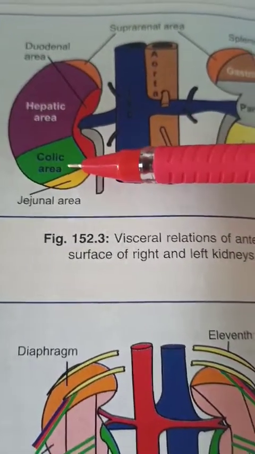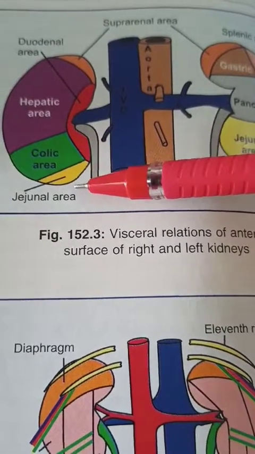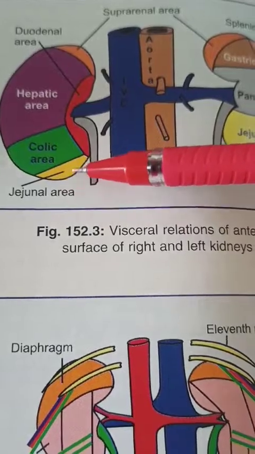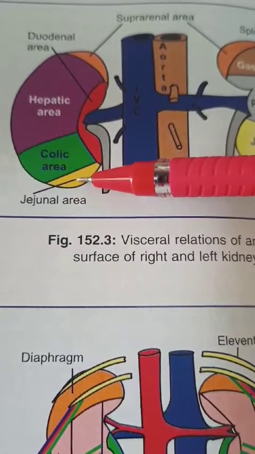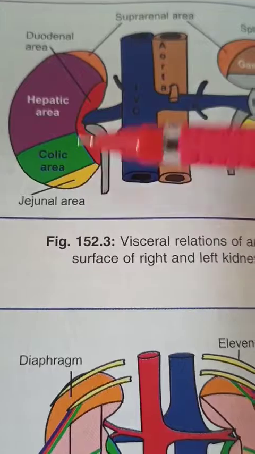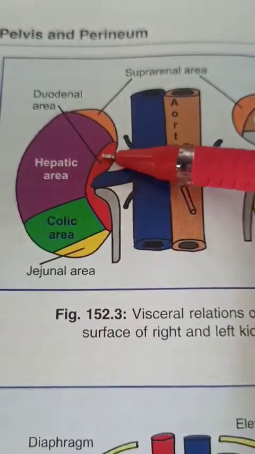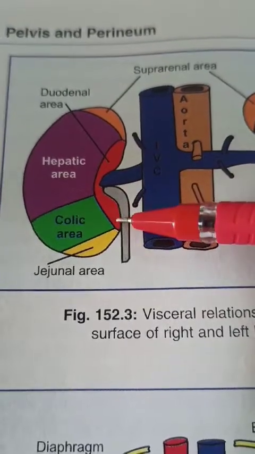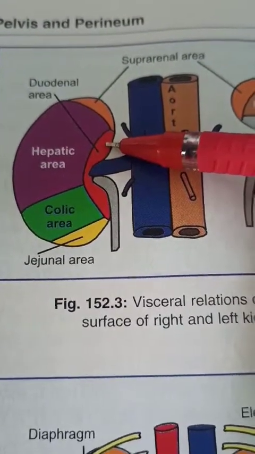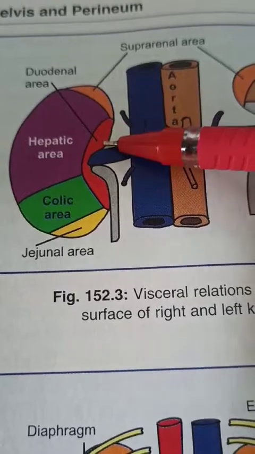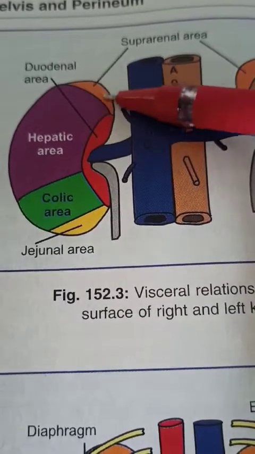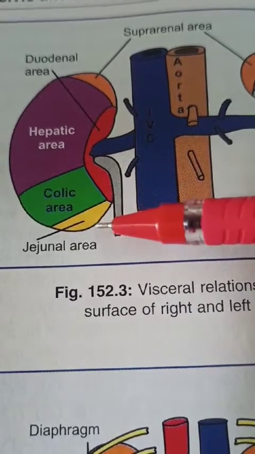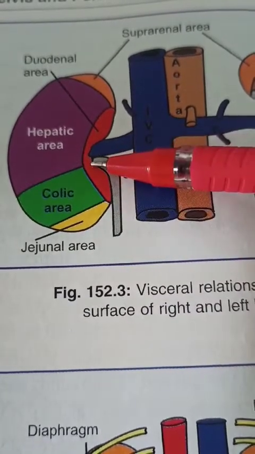Below the colic area, there is an area related to the small intestine, the jejunum. Towards the medial border, near the hilum, it is related to the duodenum. So the upper pole is related to the suprarenal gland, then liver, then large intestine, then small intestine, then duodenum.